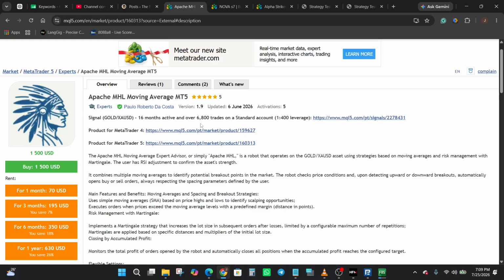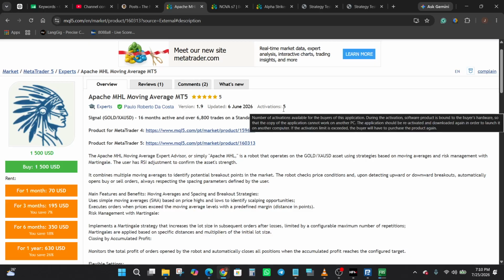This expert advisor was developed by Paulo Roberto da Costa, currently on version 1.9, and it was last updated on the 6th of June 2026 with 5 activations available.